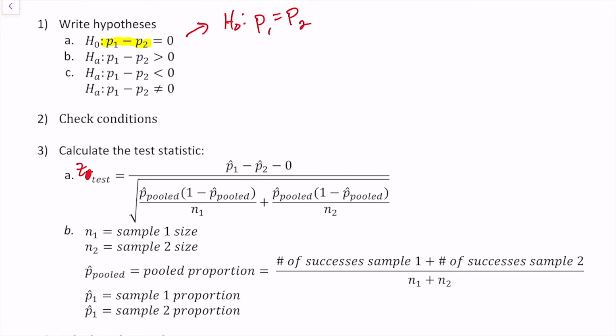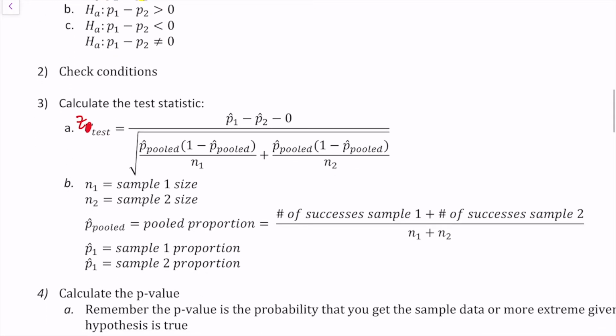And then we are dividing it by the standard error. So remember, the standard error was in the two proportion confidence interval video. It was p1 hat times 1 minus p1 hat over n1 plus p2 hat times 1 minus p2 hat over n2, and we took the square root of that.